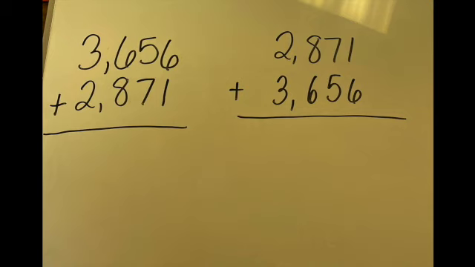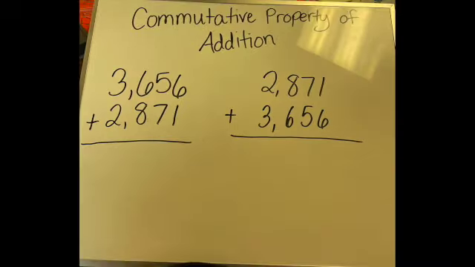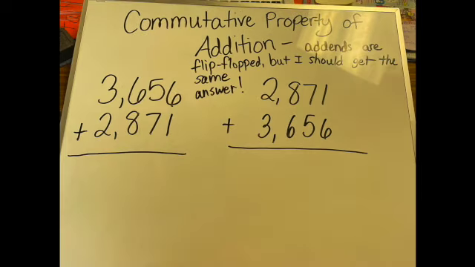So we have two unknowns right here, but I'm noticing that these two problems have the same numbers in them. Aren't they just flipped around in a different order? Remember, that was the commutative property of addition. So let's test this out with our 4-digit numbers as a strategy that you can use for regrouping.